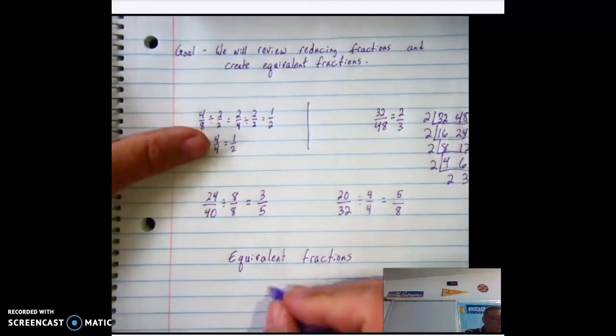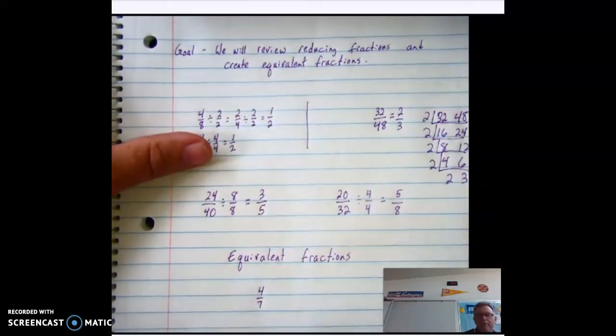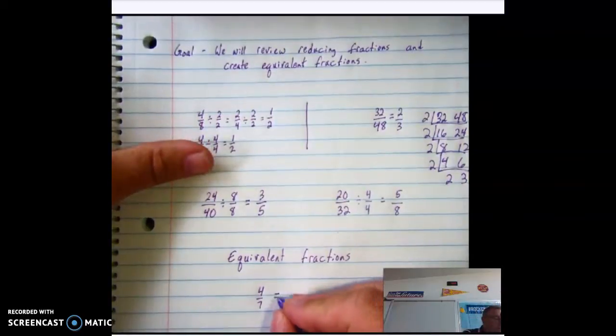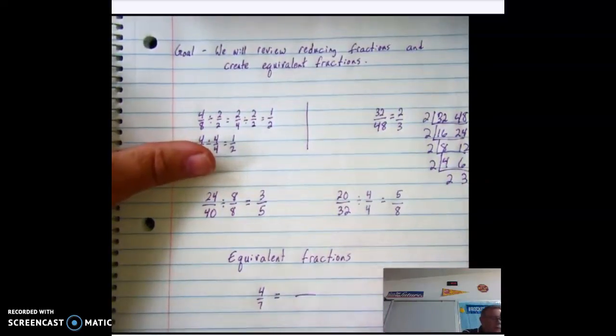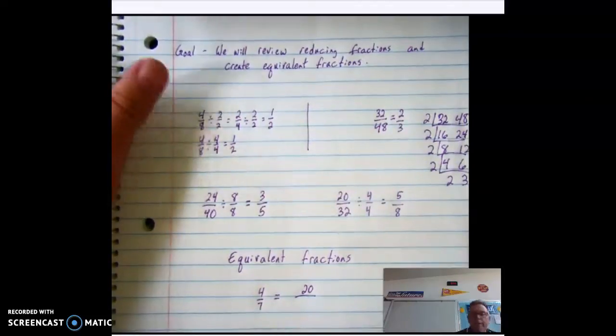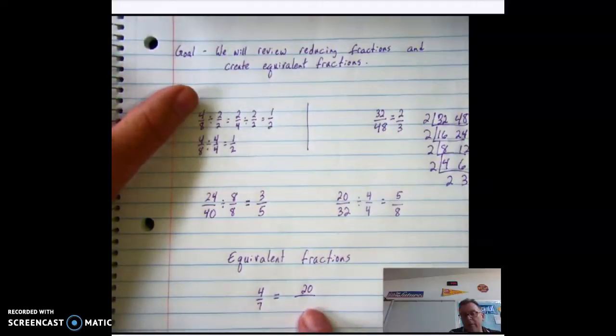So let's say that I give you this fraction to start with. So if I have 4/7, okay, good fraction, and I know something is equivalent, and I know that the numerator of my new fraction is 20. So if the numerator is 20, I want to figure out what the denominator is.